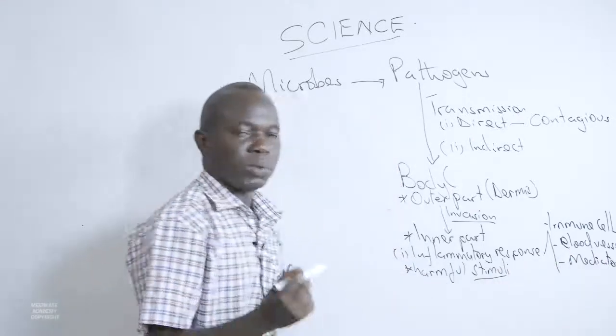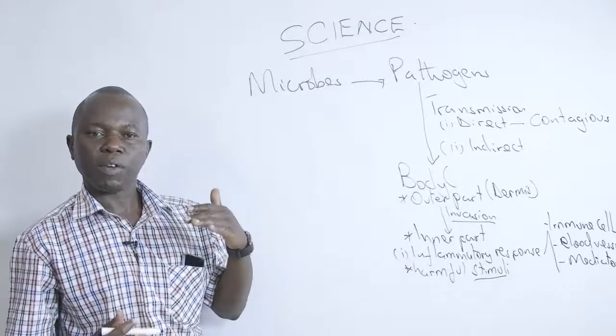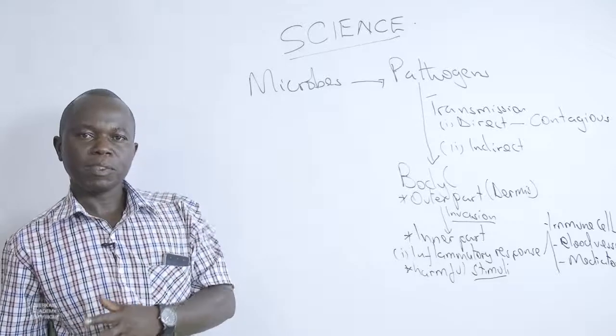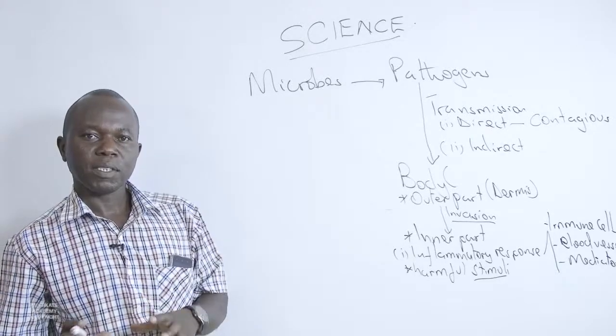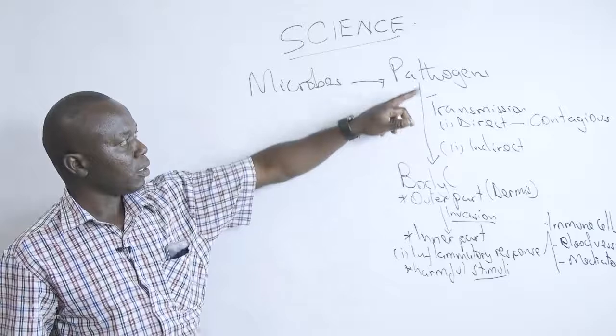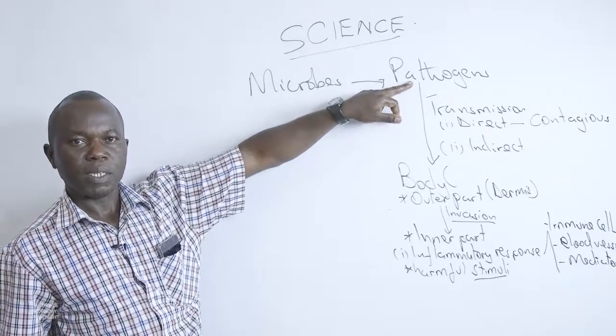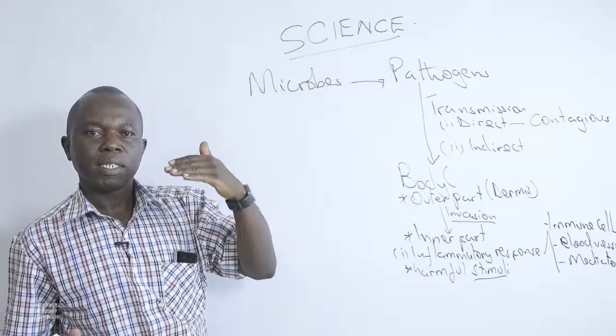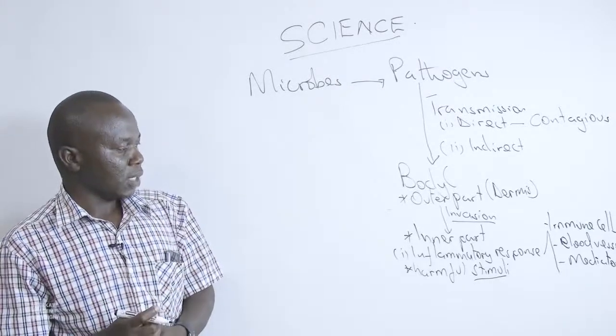We shall not go into details of this because we have already known. We are just reminding ourselves that inflammatory response is the response of the body toward harmful stimuli, which could be, for example, pathogens or other damaged cells or necrotic cells.